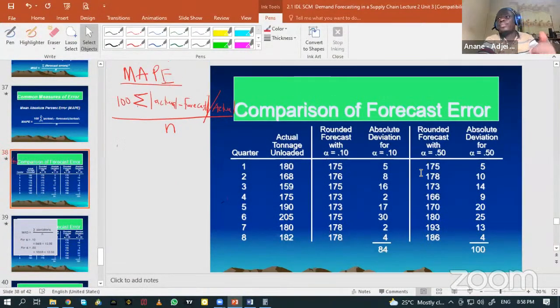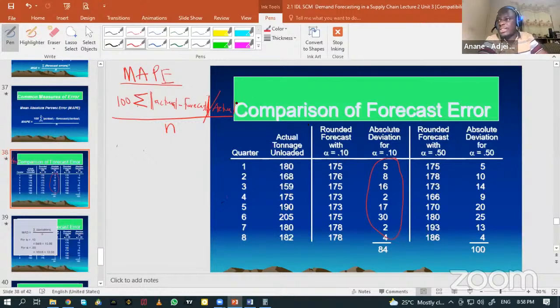Don't forget that this side, actual minus forecast absolute, has already been calculated, which is these figures. And we are saying that we should divide these figures.